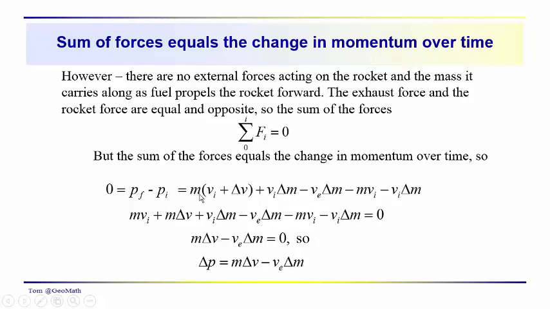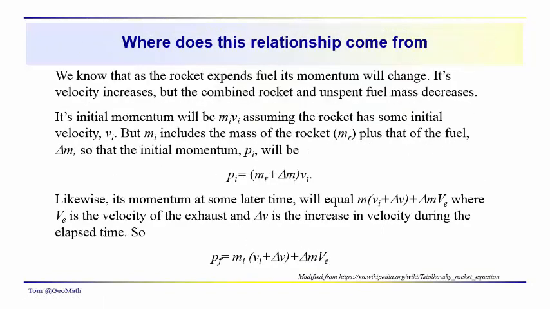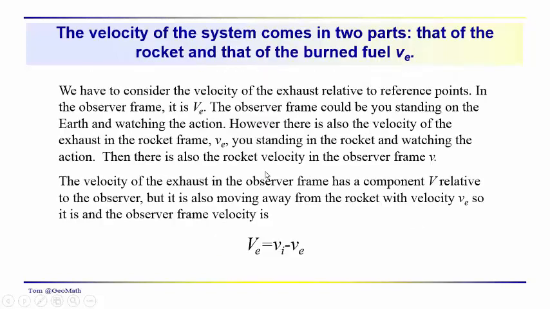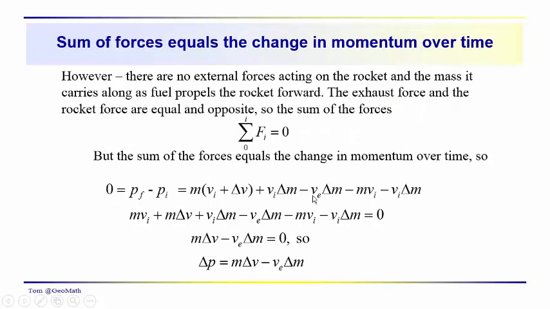So we have the mass times the initial velocity plus the change in velocity, and we have the initial velocity times the change in mass, and we're just going back to these two equations here, rewriting them over here, and just going through the algebra.